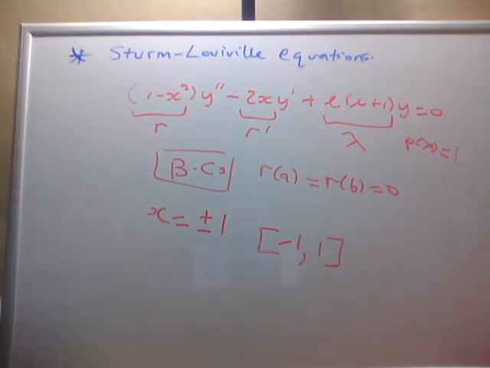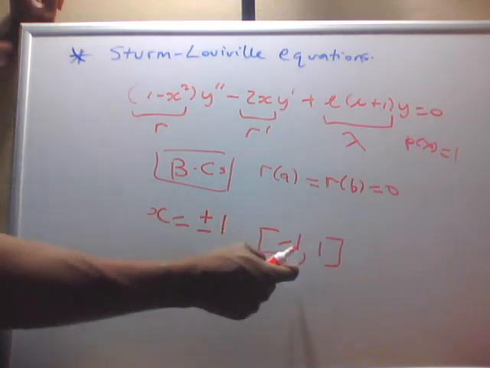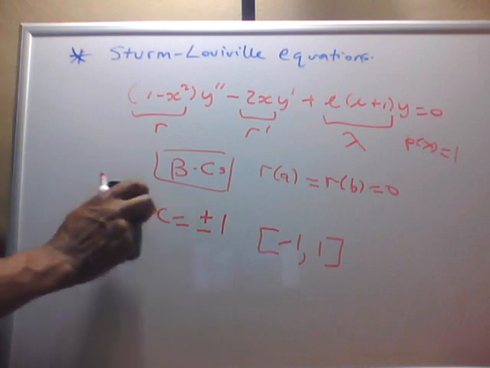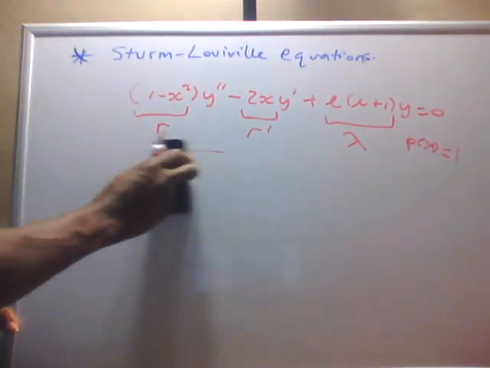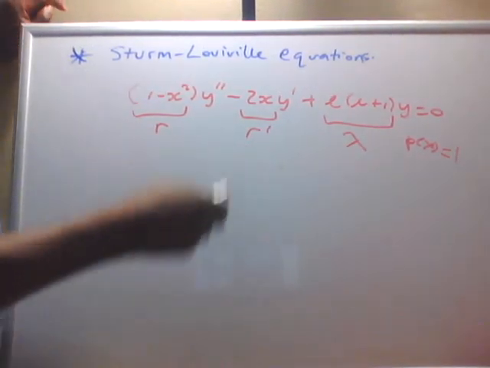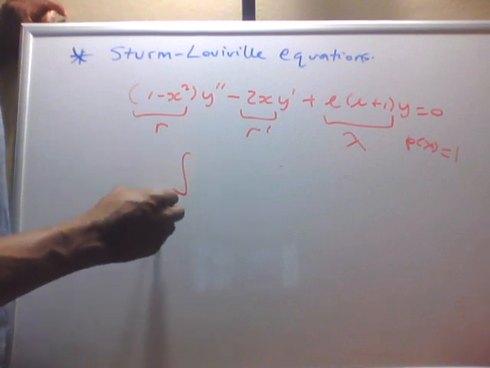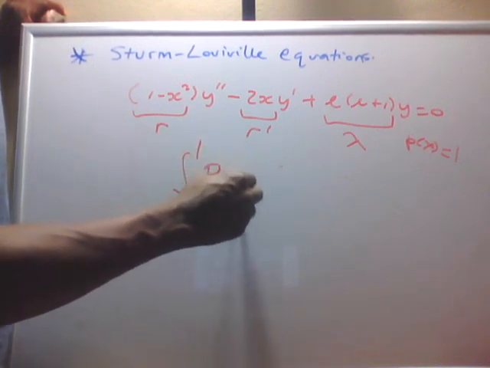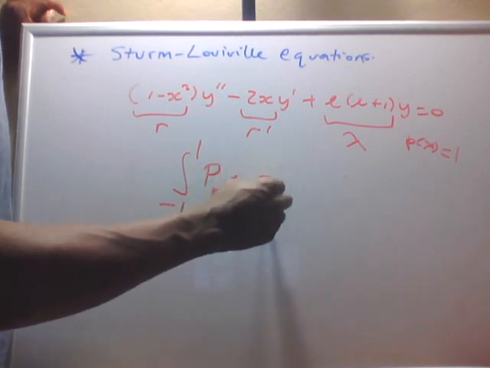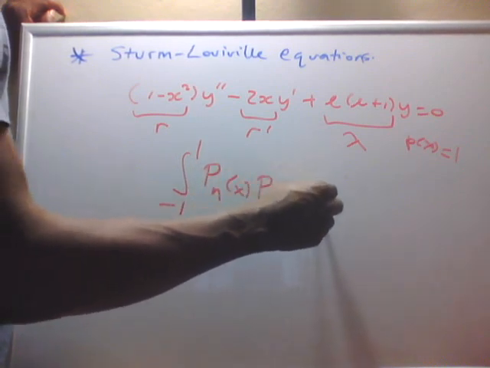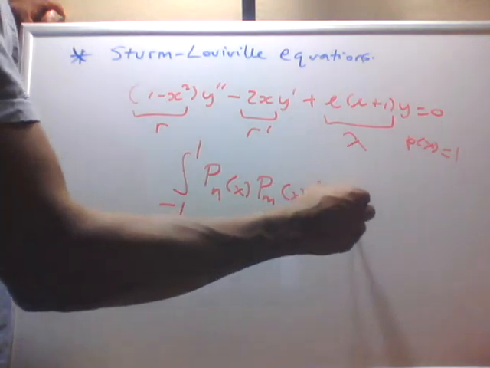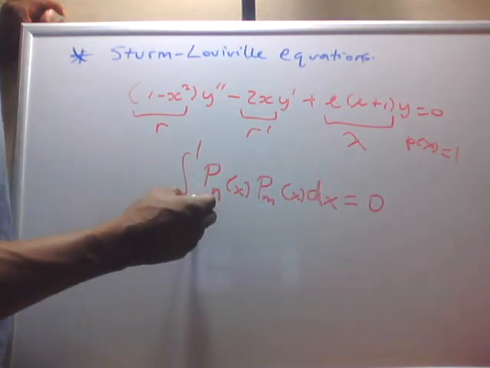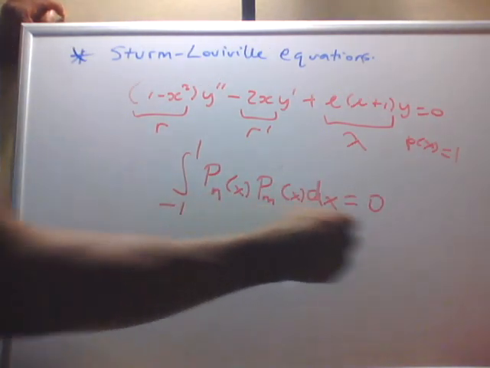Does that make sense? So this is my natural interval. So for the Legendre polynomials, or Legendre differential equations, this will be my orthogonality condition. Again, the weight function is 1. Weight function is 1 is why we have this form.